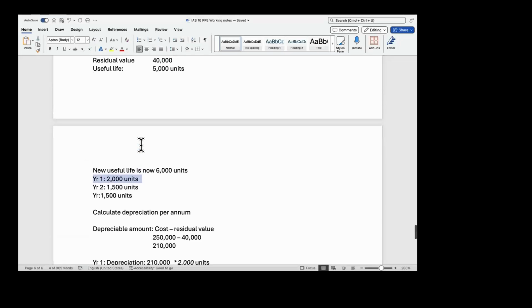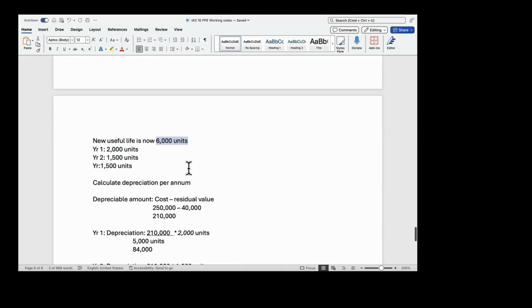What should the remaining useful life be? 3,000. But now they are saying it has improved to 6,000, meaning that it has doubled. So it just makes sense to assume that year two will double.